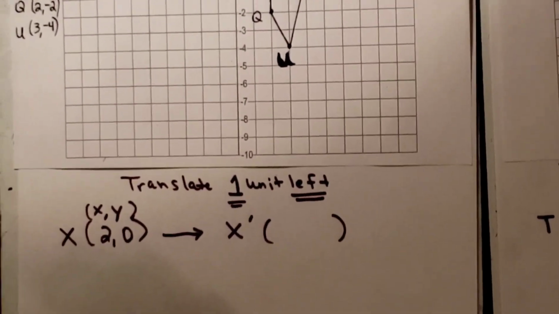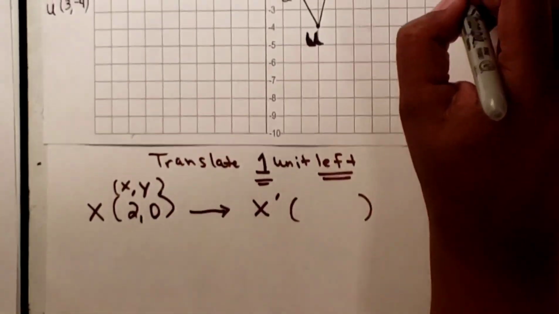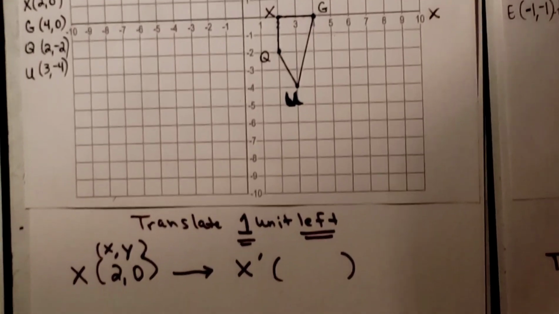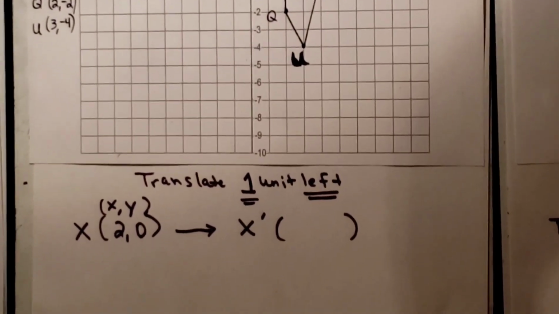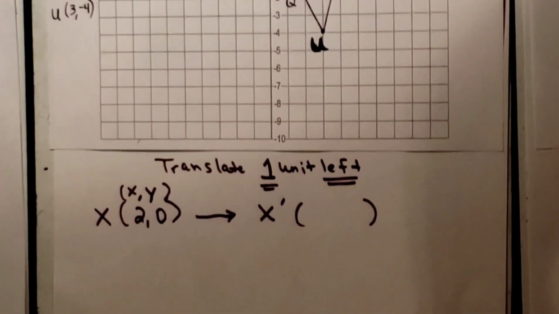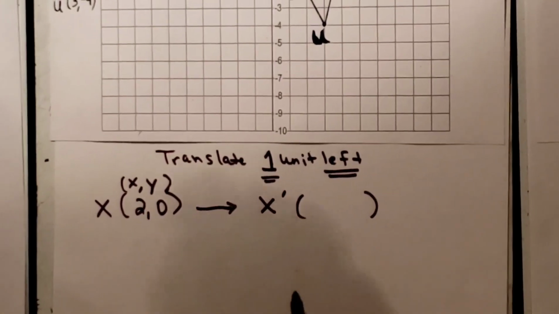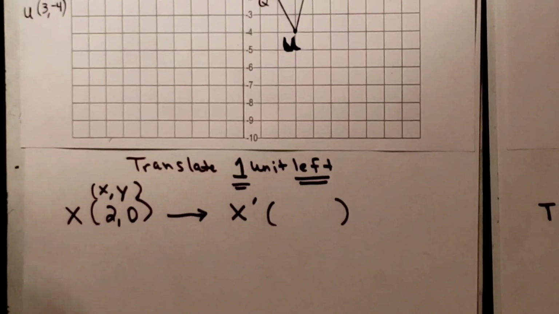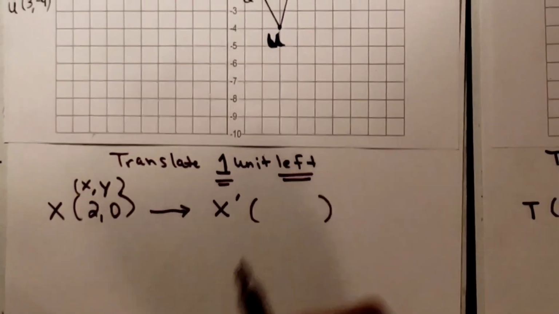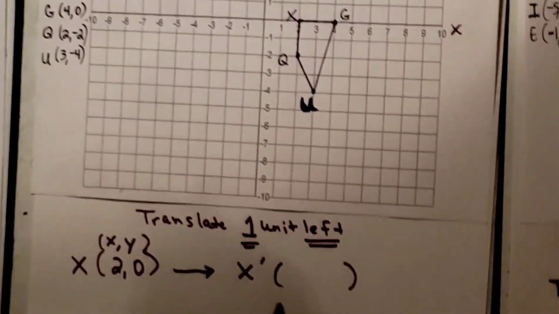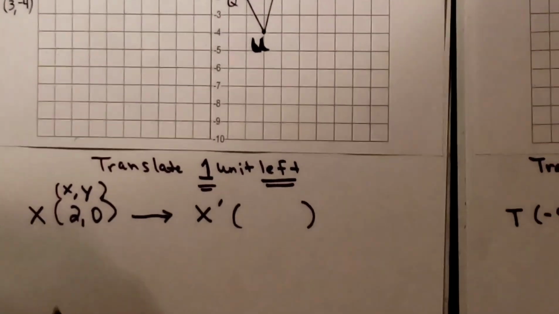And if we move it 1 unit left, the x-axis is what moves left and right. So if we need to move it 1 unit left, we're going to be operating on the x coordinate. So that means we've got to subtract 1 from the x coordinate, because left means negative, and if we move negative 1, that's the same as subtracting 1.